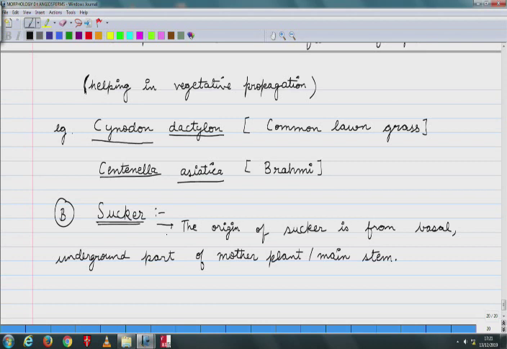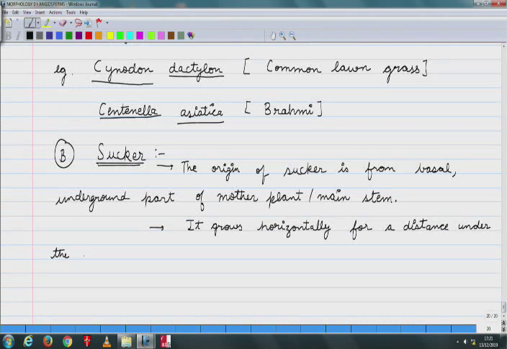It grows horizontally for a distance under the soil, and then emerges obliquely upwards.